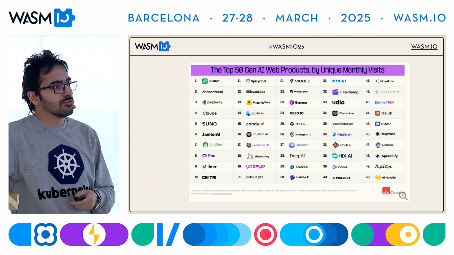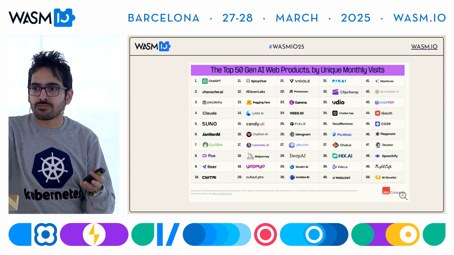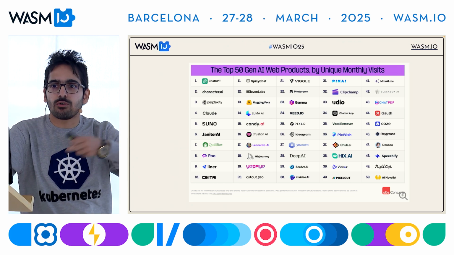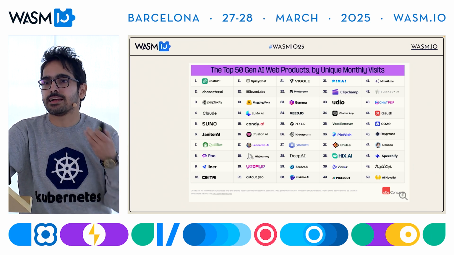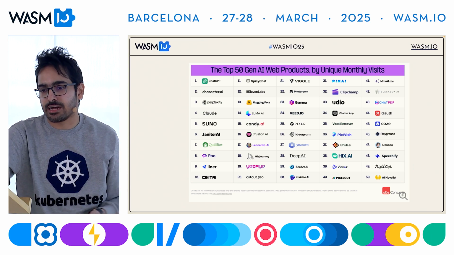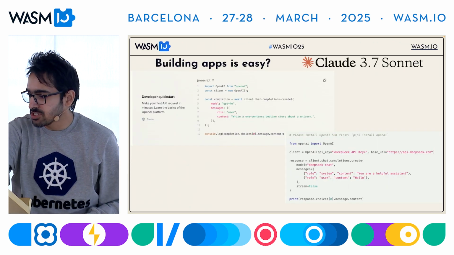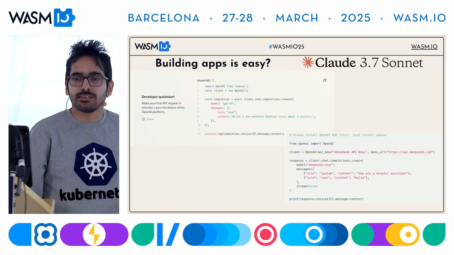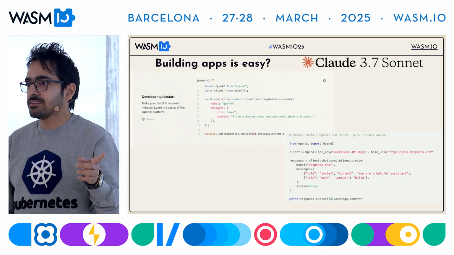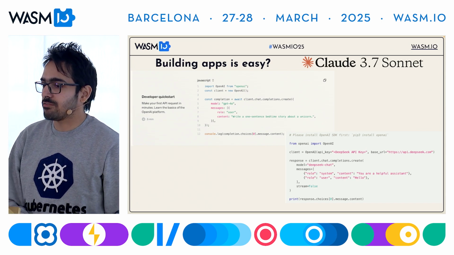Also, today the most common way of consuming generative AI is via the web. We have all these web applications, and we, the end users, use these web applications to do our day-to-day tasks and interact with them. How do we build these applications? Building these applications is easy, right? Because you have APIs. You can call those APIs with whatever programming language of your choice.